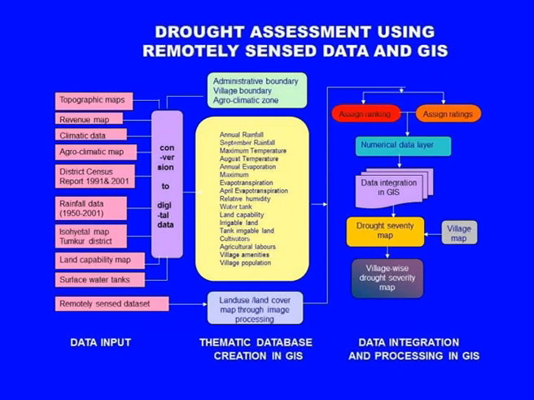First is, we need to identify what is the administrative boundary or the extent of the study which is there. So, since we were working for a taluk area, we have the taluk administration boundaries which have been converted into digital form by digitizing the administrative boundaries. Followed by this, the village boundary maps have been digitized, and along with them the village IDs also have been stored, so that a distinct location to each area can be given.